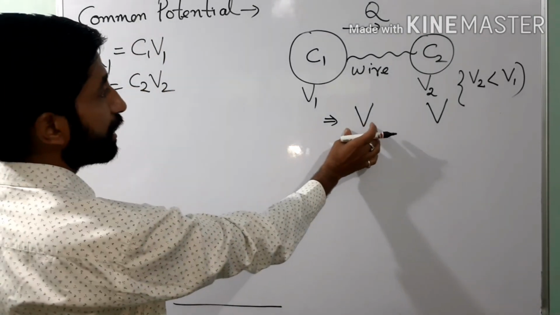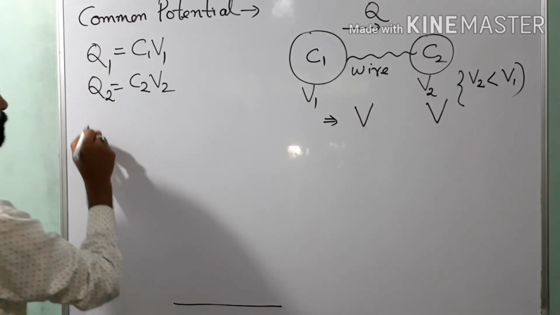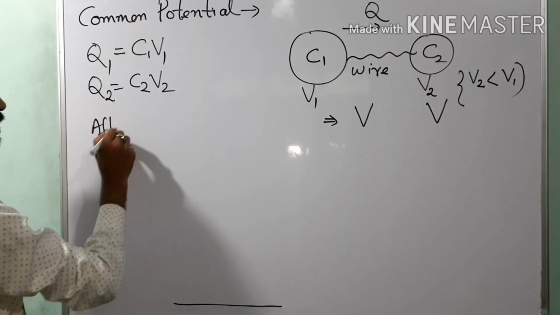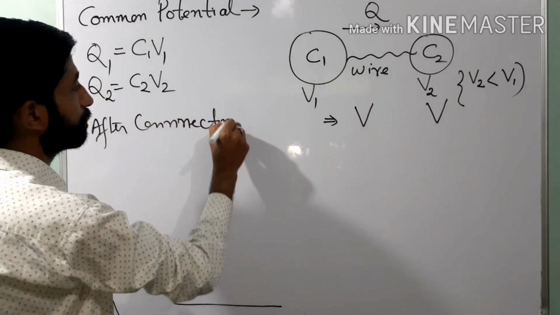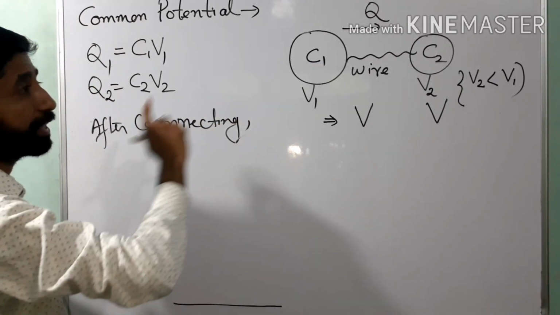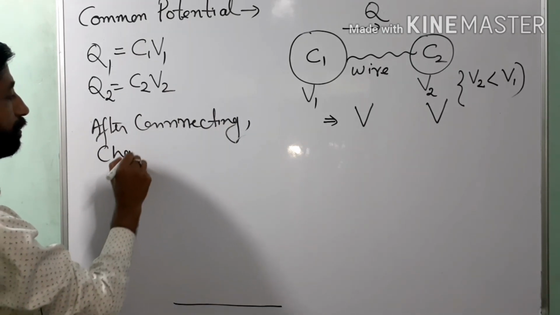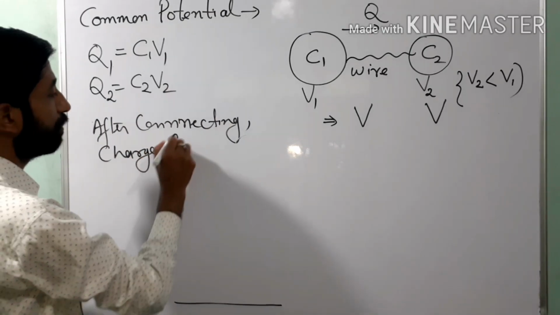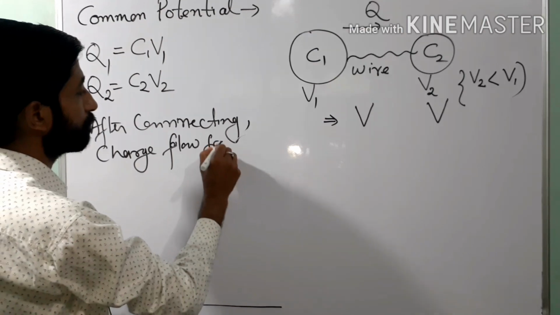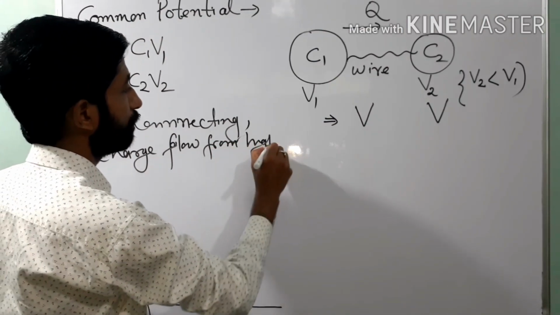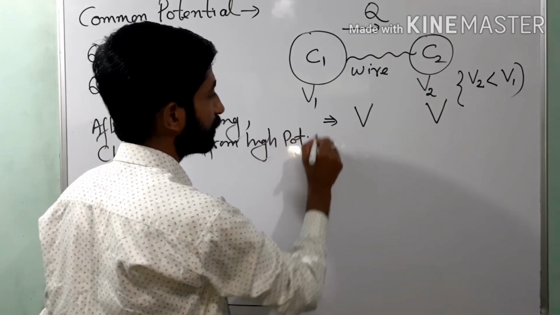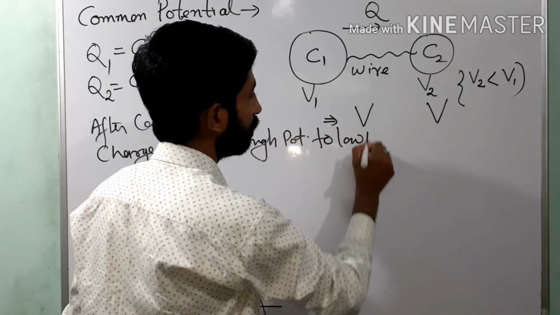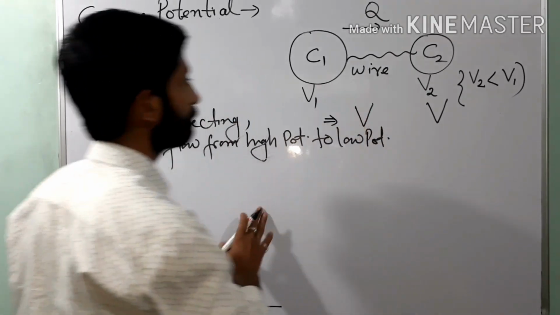If V is the final potential after connecting, charge flows from high potential to low potential.